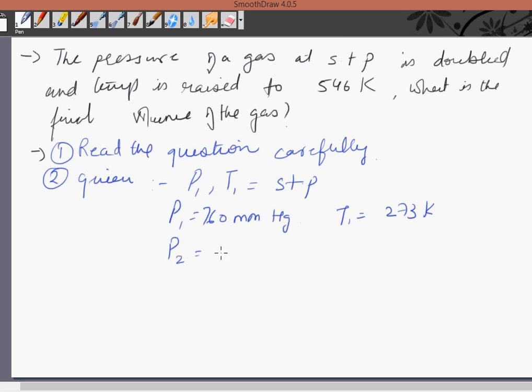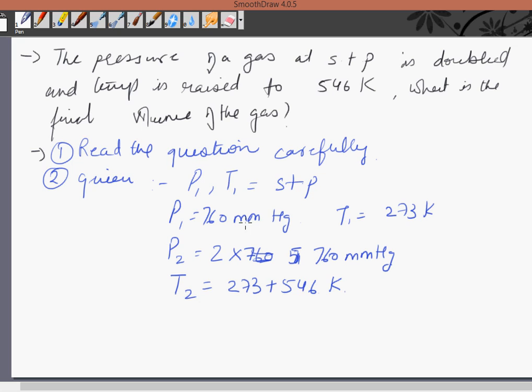P2 is doubled, that is, and T2 is raised to 546, that is we have to add 273 to this much Kelvin.